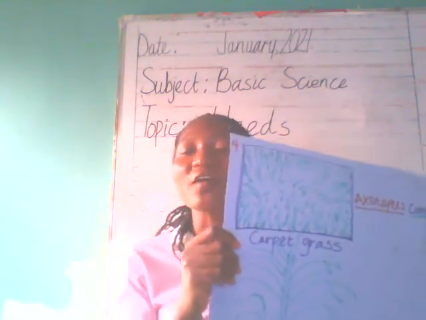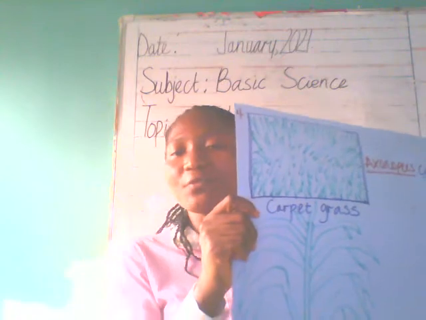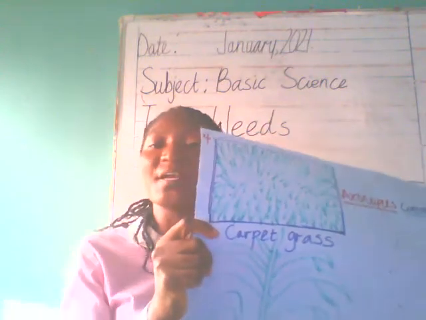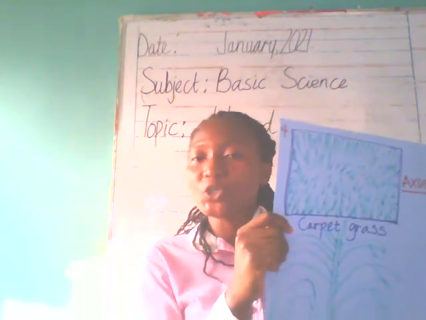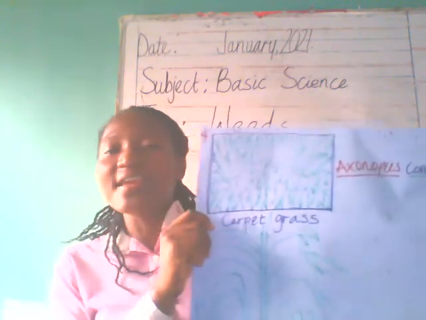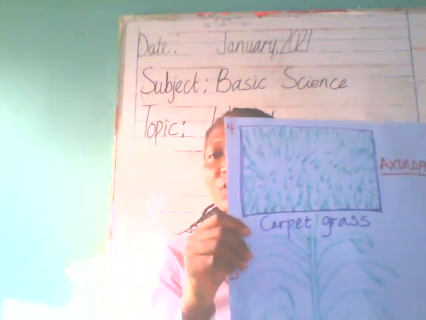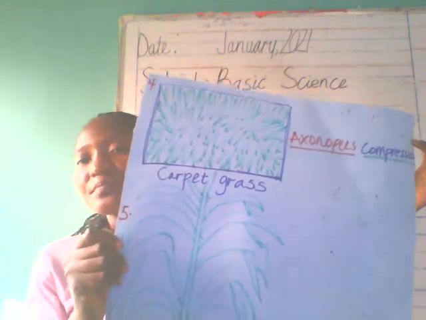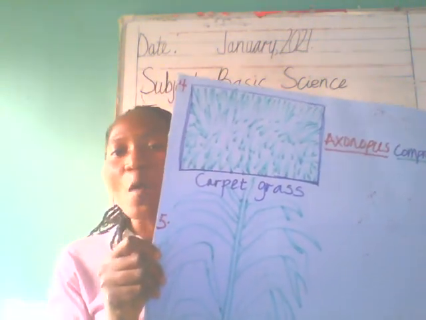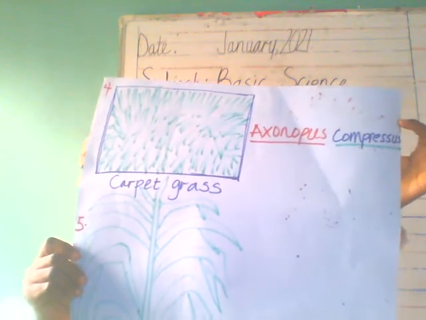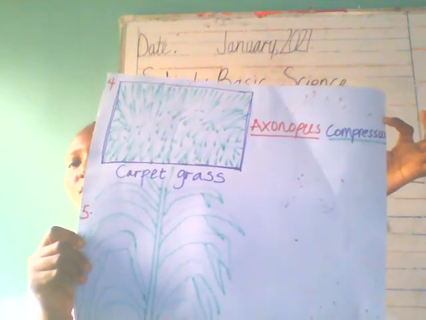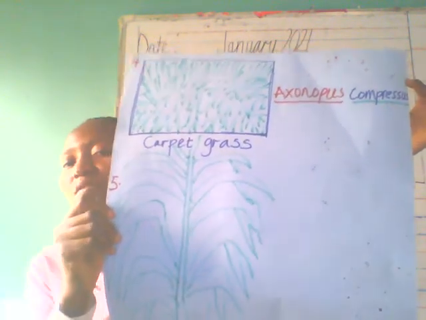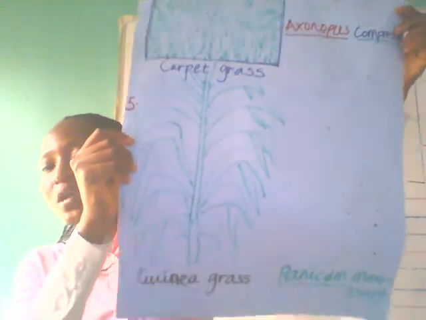Then the number 4 one is carpet grass. You can see it in a school compound. The scientific name is Axonopus compressus. Say it with me. Axonopus compressus.